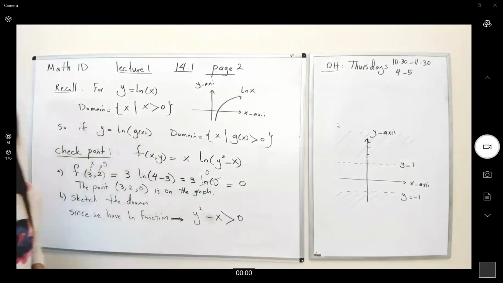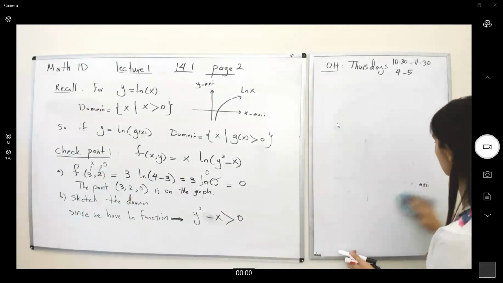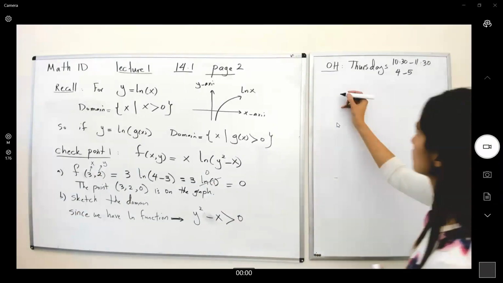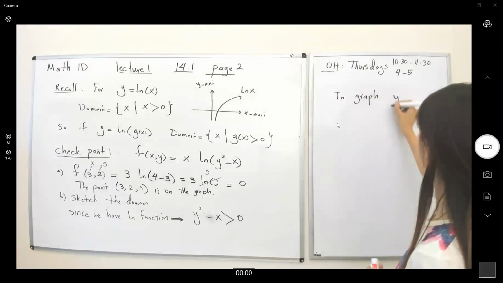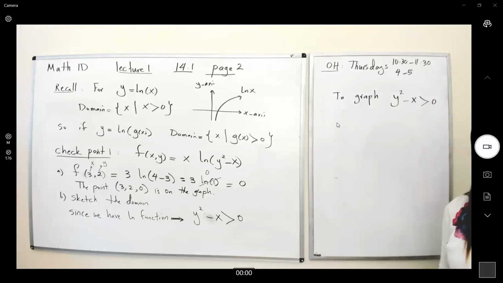How do we graph this? To graph y squared minus x greater than 0, first graph the function y squared minus x equals 0.